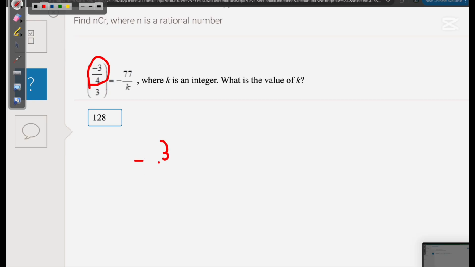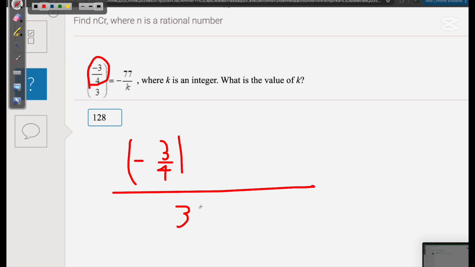Negative 3 over 4 over 3 factorial. And then we're gonna go back like 3 times. This will be the first value. Second value would be negative 3 over 4 minus 1. And then it would be negative 3 over 4 minus 2.